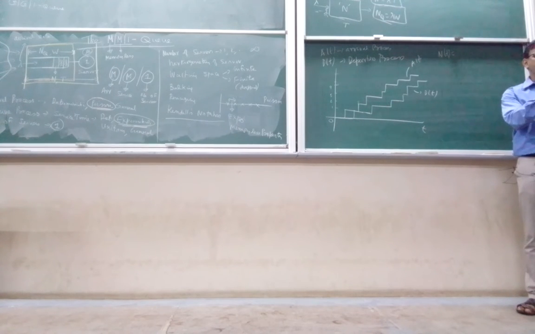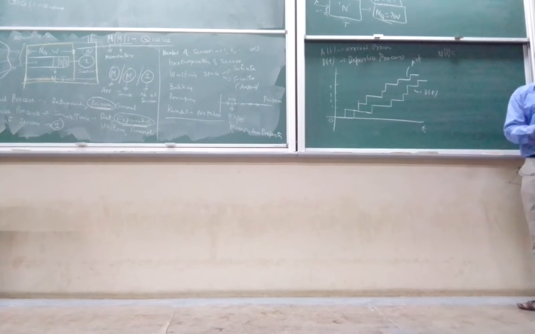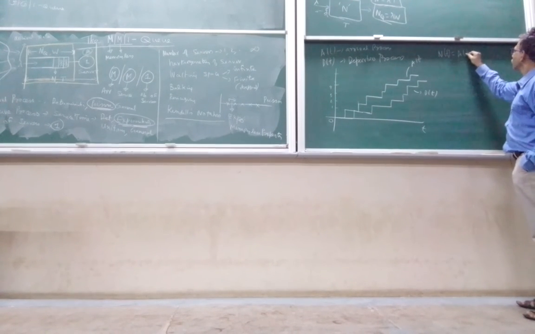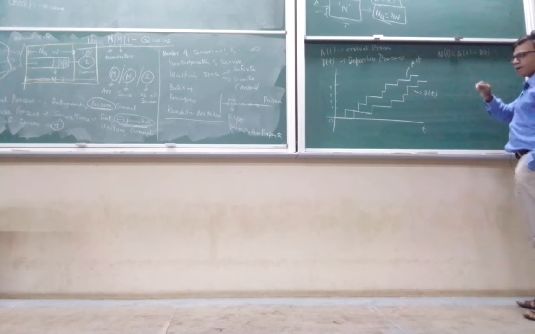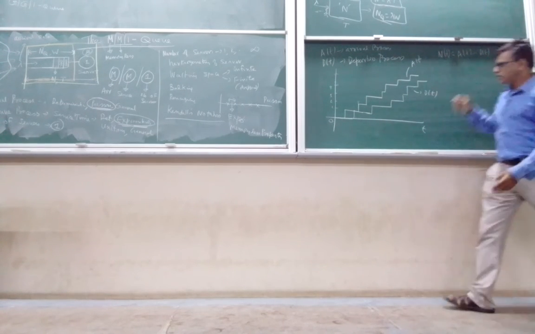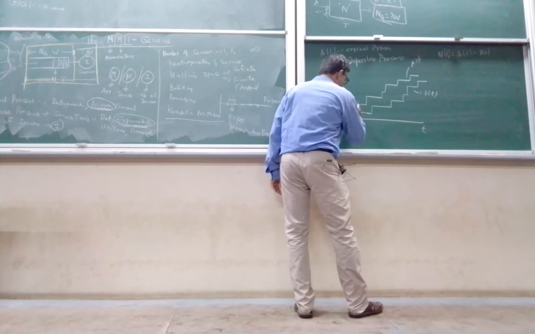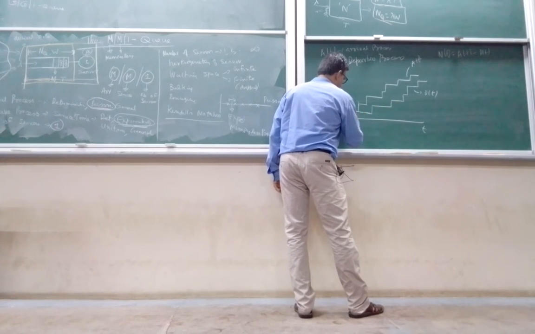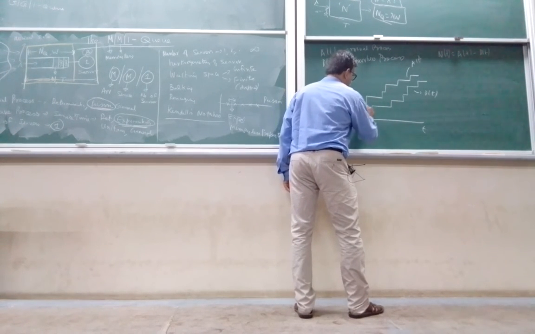At any given time, the number of customers in the queuing system should be equal to A of T minus D of T: the number of arrivals till that time minus the number of departures. So A of T minus D of T is N of T. That is precisely the difference between these two curves.